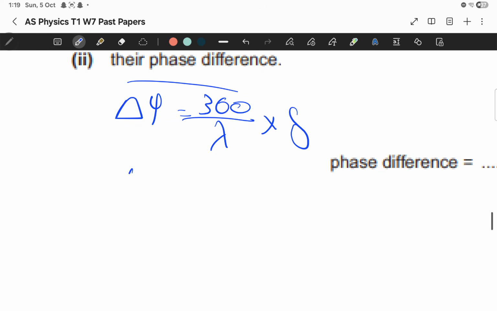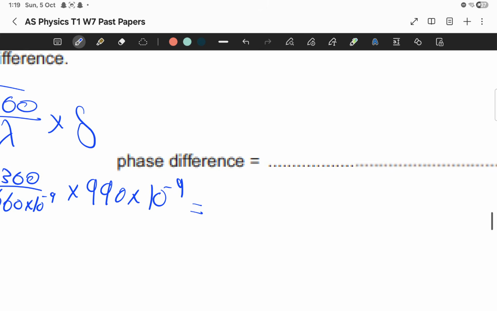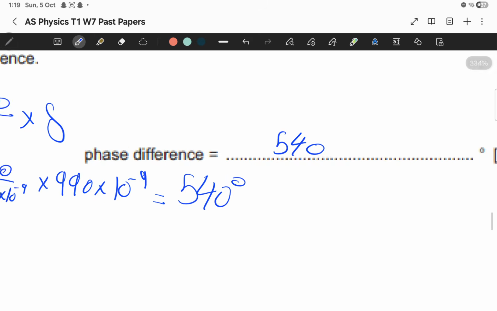Since you have delta and you have lambda, this is very easy. 360 over 660 times 10 to the power of negative 9, times 990 times 10 to the power of negative 9. This gives you 540 degrees. Done.